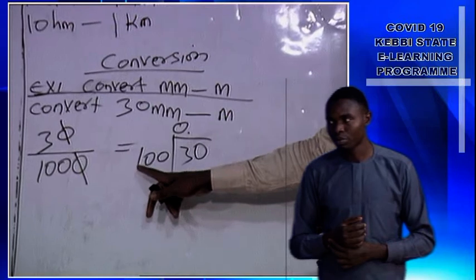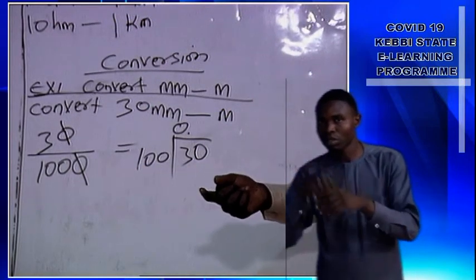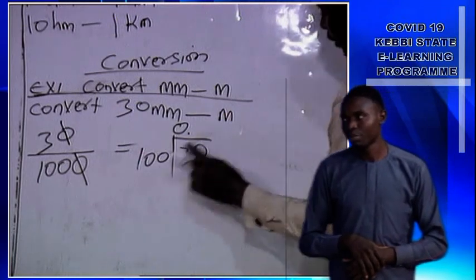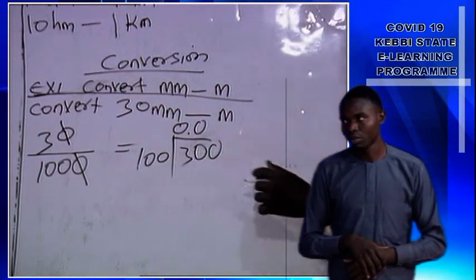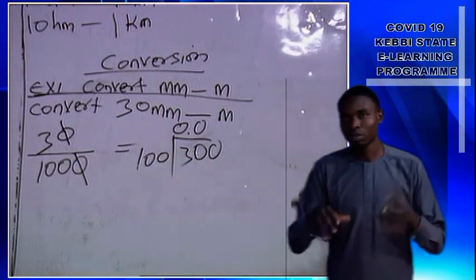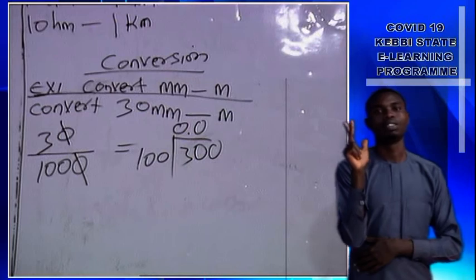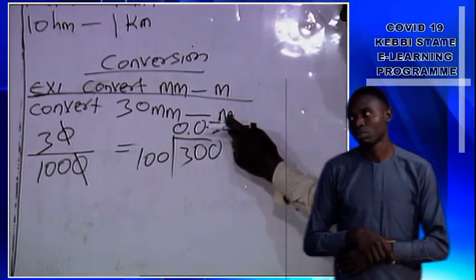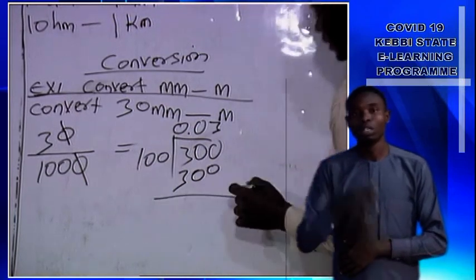Then can 100 go into 30? No. We are going to add 0 and 0 here. How many 100 do we have in 300? 100, 200, 300. It means that we have 3 times. 3 times 100 gives us 300.